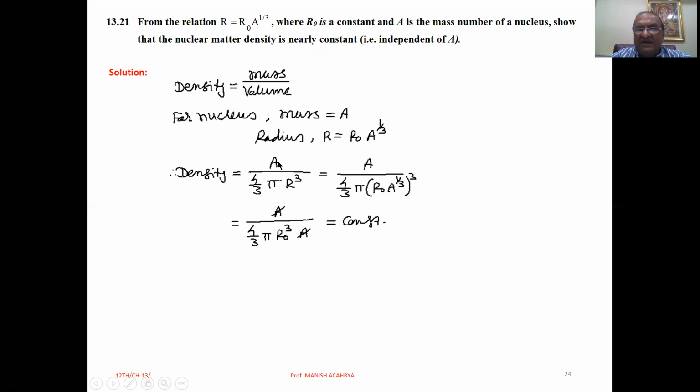So density is A upon 4/3 π R^3, that is A upon 4/3 π (R0 A^(1/3))^3. Taking the cube, A^(1/3) cubed gives A. Resultantly, we get A upon 4/3 π R0^3 × A, with A cancelled. So here we can see this is a constant. It is proved. Clear to all of you?